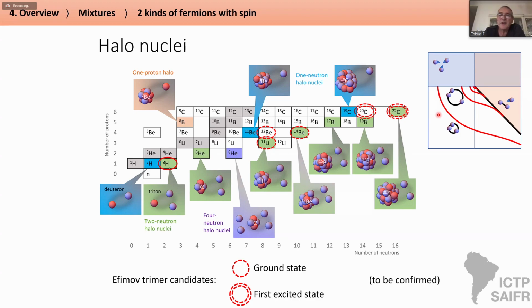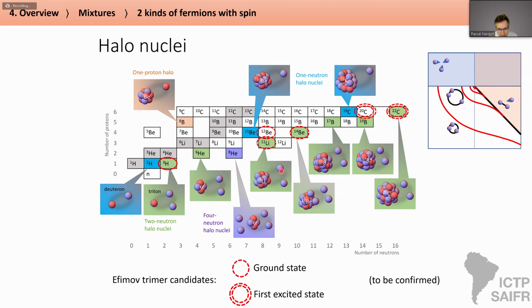Just a comparison that people make. Lithium-11 has only 11 nucleons. The size of the halo is more or less comparable with the size of lead, which has 208 nucleons, or so. So this is a very dilute system, the two-neutron halo compared to the normal.